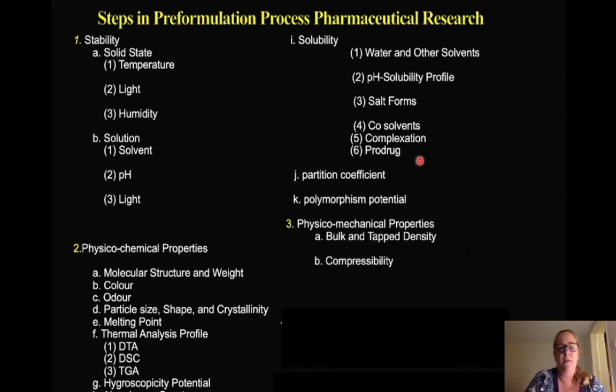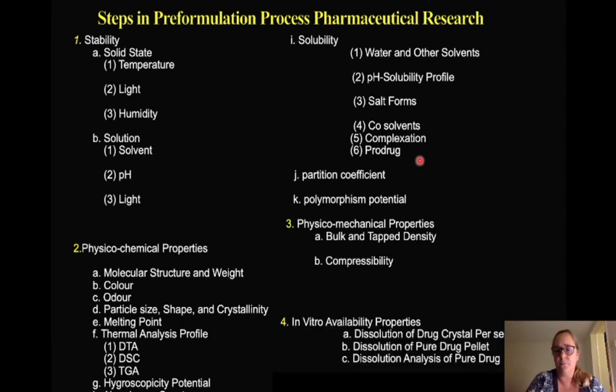And the third part is the physical mechanical properties, so things like bulk and tap density, and whether, if it's a fine powder, it can be compressed into a tablet. Something to bear in mind is the in vitro availability properties, such as dissolution of the drug crystal per second, dissolution of the pure drug pellet, and dissolution analysis of pure drug.